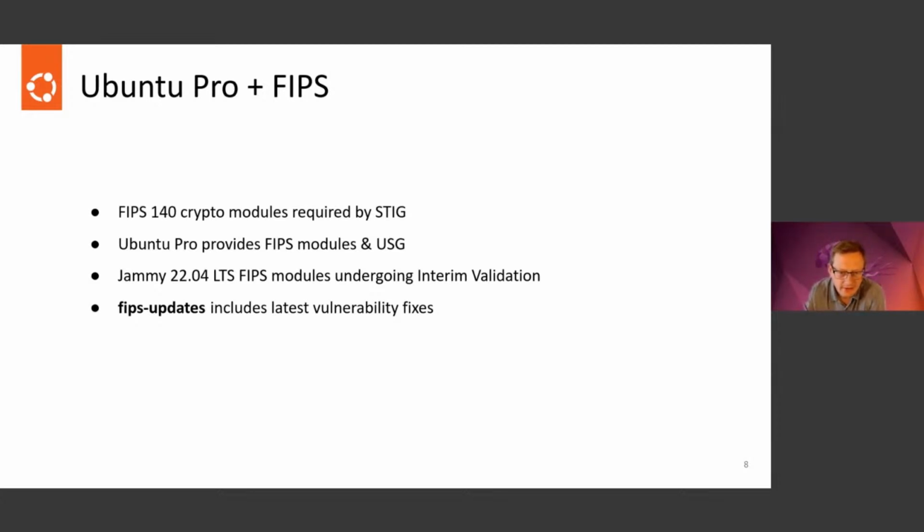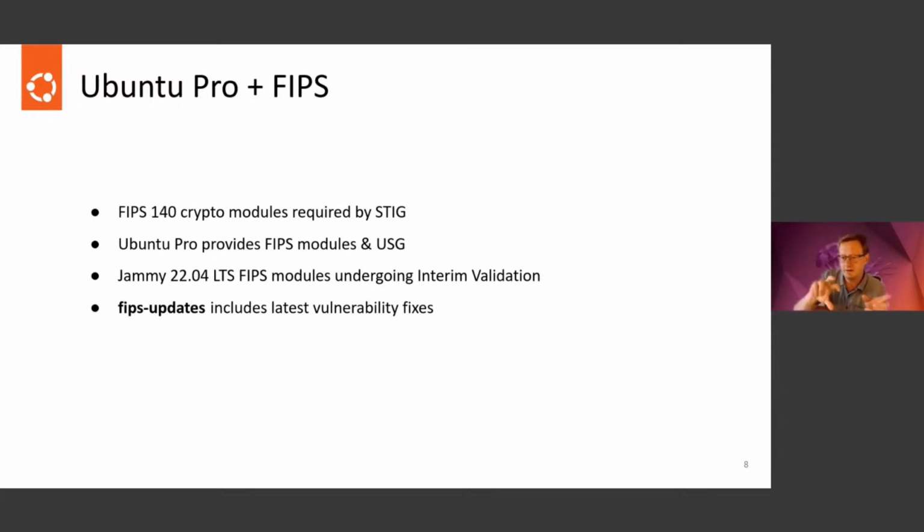And I should also talk about the difference between the different versions of the FIPS modules that we do make available. Because of the timeline, this lag between the modules being submitted to NIST for validation and then them actually coming out of the other end, often we find that there have been security vulnerabilities discovered in these crypto packages that, as part of the regular Ubuntu maintenance, we would patch and fix and update.